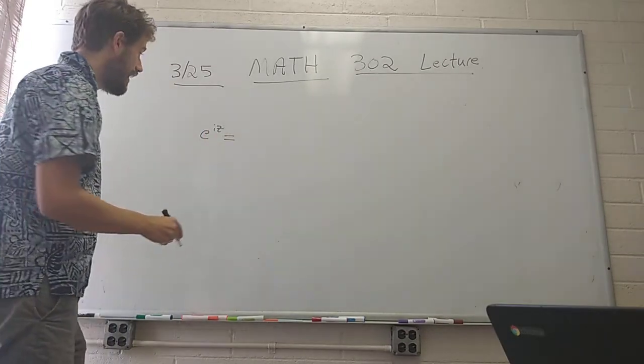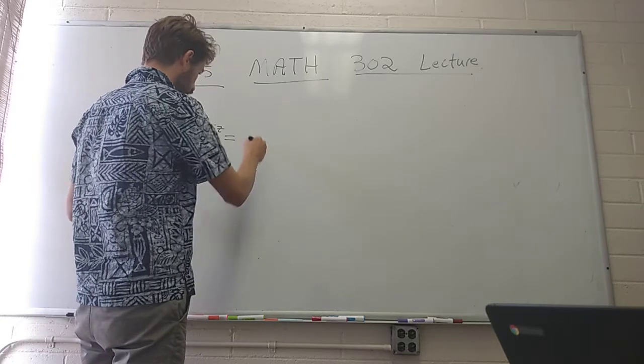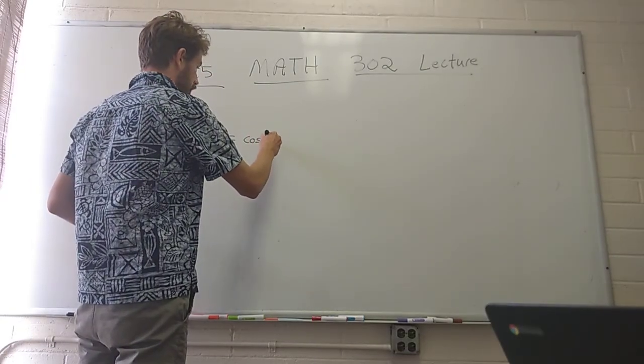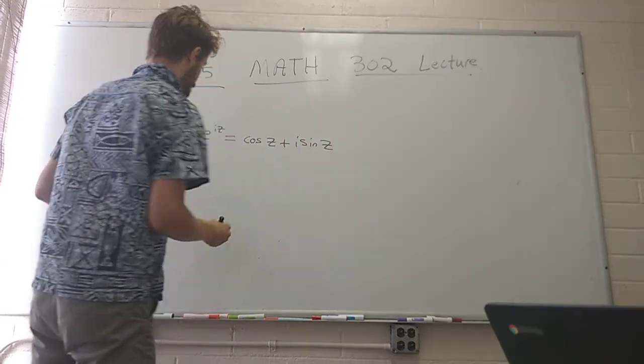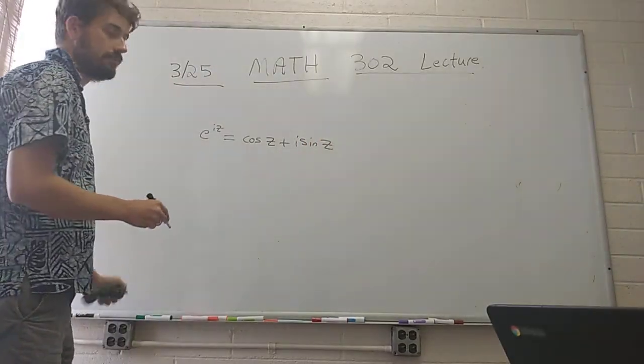That's the following: e to the i times z is equal to cosine z plus i times sine z.